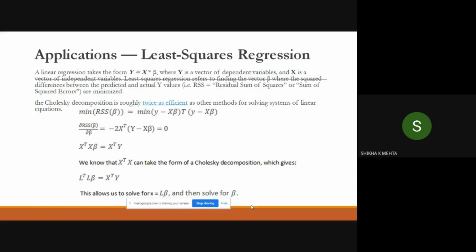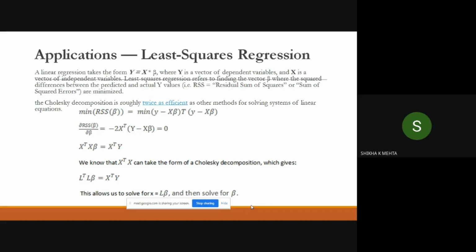Now least square regression refers to finding the vector beta where the squared differences between the predicted and the actual values are minimized. So we are trying to predict a value such that it is close to the actual value. So minimize the loss or minimize the error, or you can say maximize the accuracy.